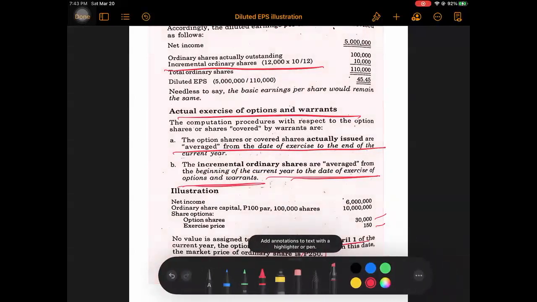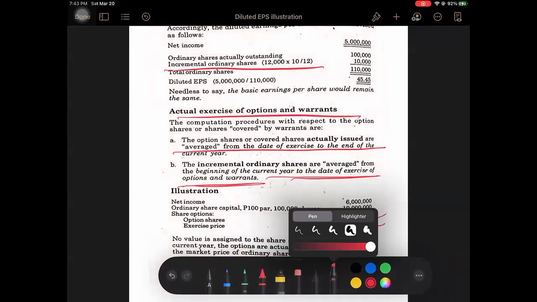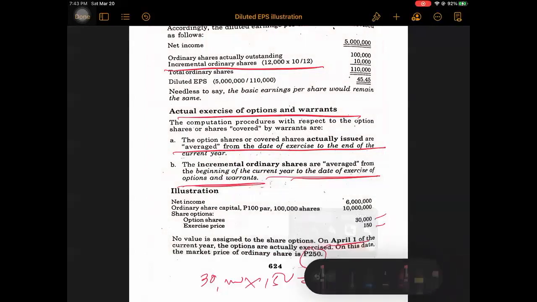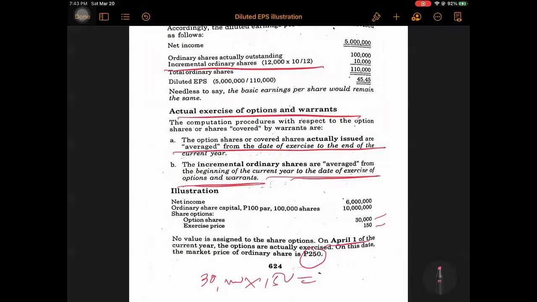So you add two components when computing diluted earnings per share or the number of ordinary shares. The actually converted shares are averaged, from the beginning of the current year to the date of exercise.